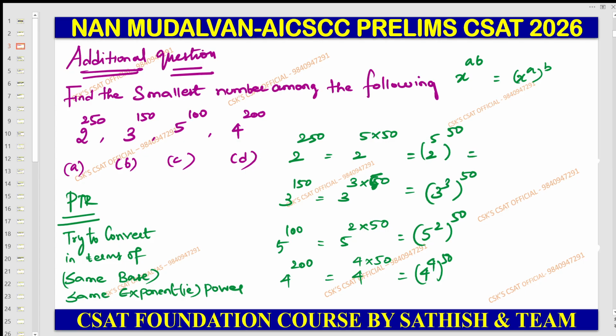Now 2 power 5 is nothing but 32, 3 power 3 is 27, 5 square is 25, and 4 power 4 is 256, the whole power 50.